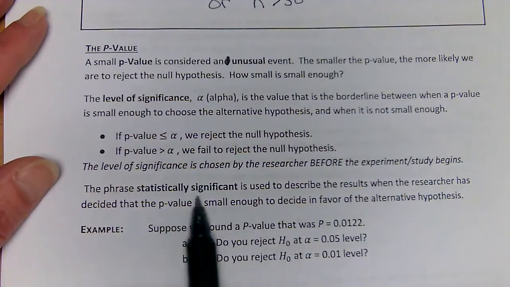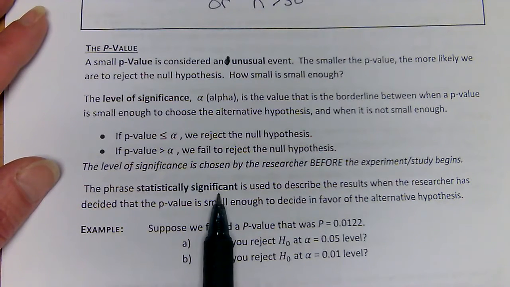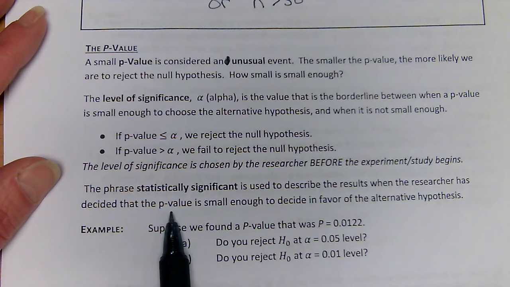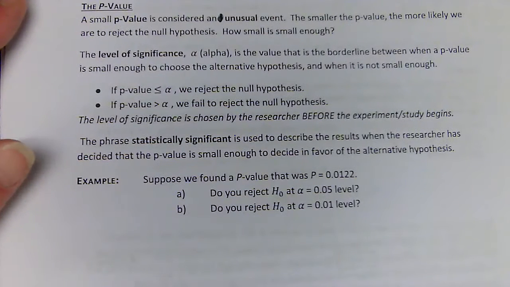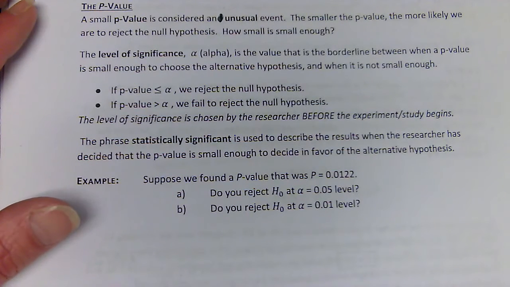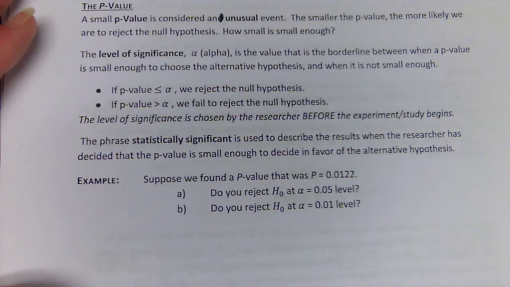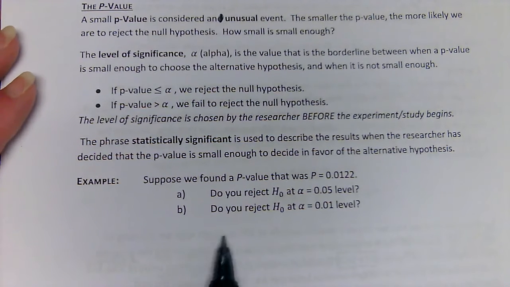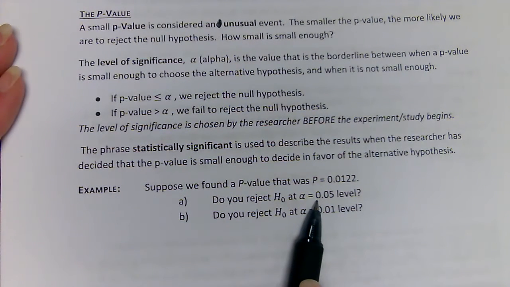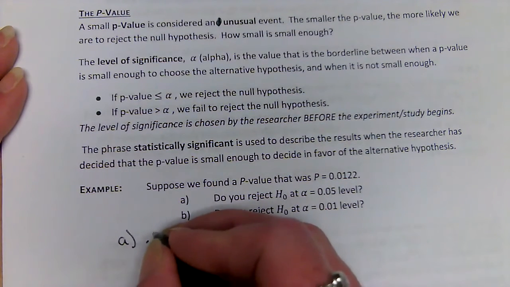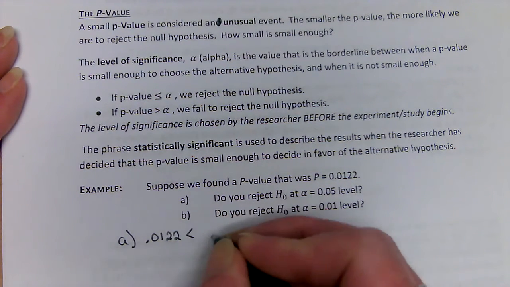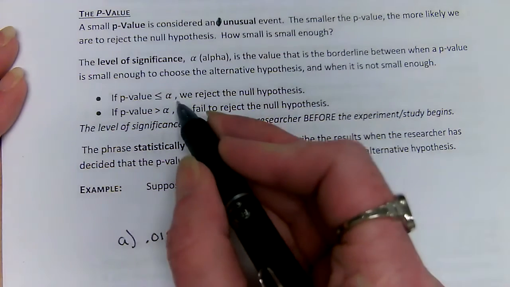And we use the phrase statistically significant to describe the results when we decide that that p-value is small enough. So suppose that we have a p-value of 0.0122. And we are going to be comparing that to a level of significance, alpha, at 0.05. 0.0122 is less than 0.05.